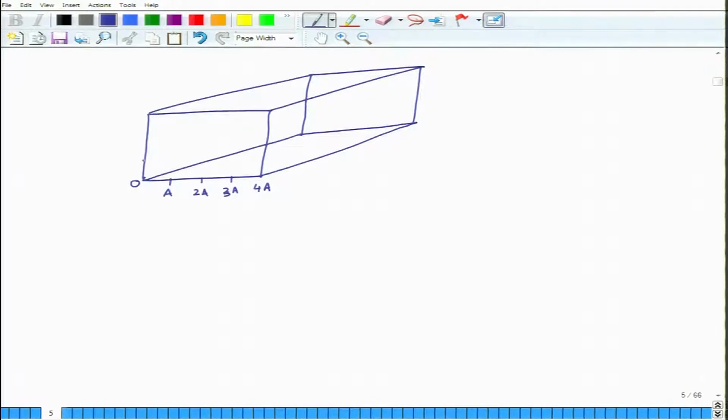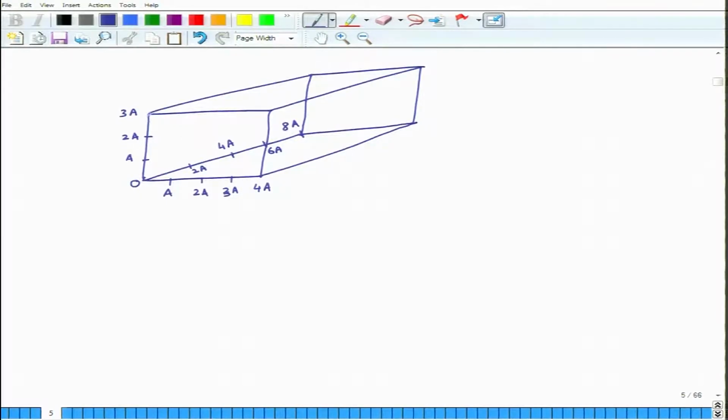Here I define as a, 2a and 3a, and here I define as, let us say, this is 8a, so this will be 4a, and this is 6a and this is 2a.